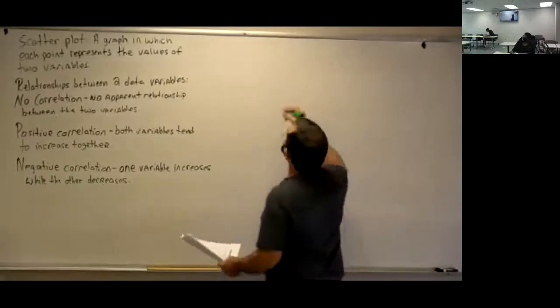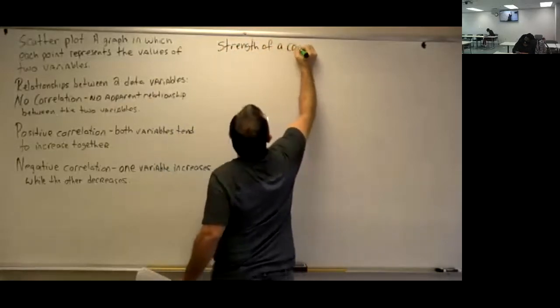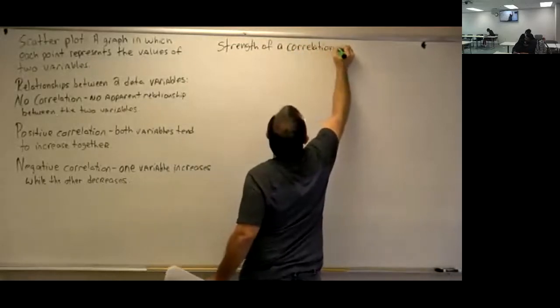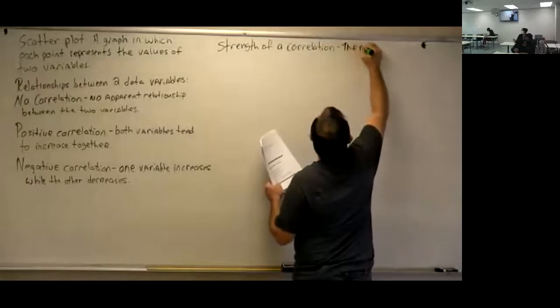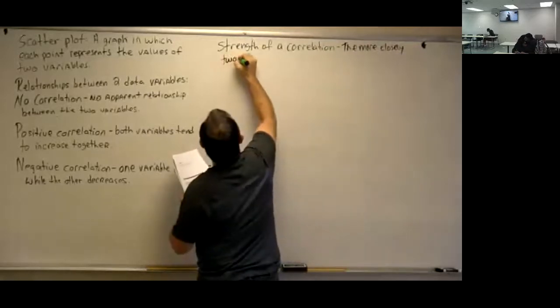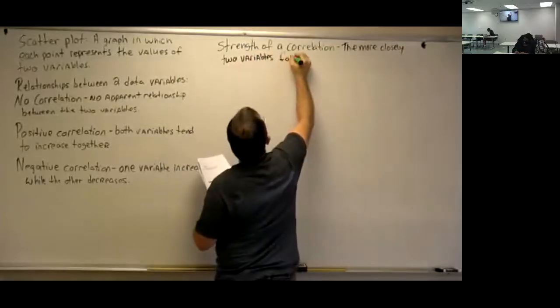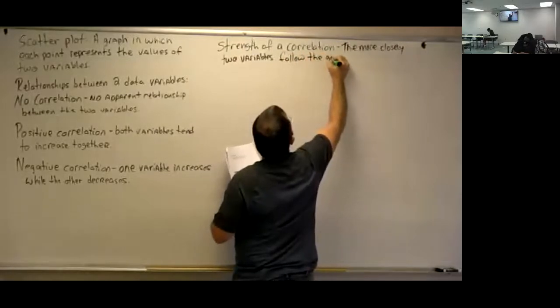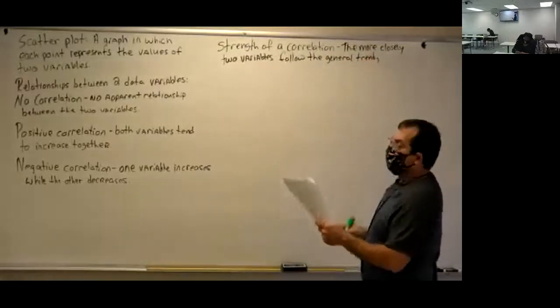Now the strength of a correlation. The more closely two variables follow the general trend, the stronger the correlation.